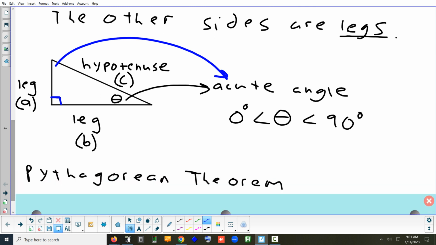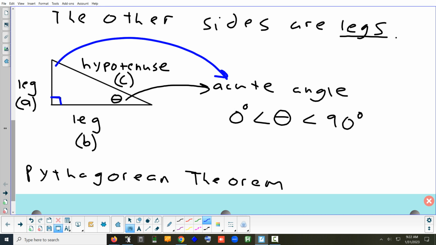Okay. So the Pythagorean theorem. This is a theorem about the sides of the triangle. It has nothing to do with the angles in a triangle. It's all about sides. Does anybody know what the Pythagorean theorem is? Okay, now what does that mean?